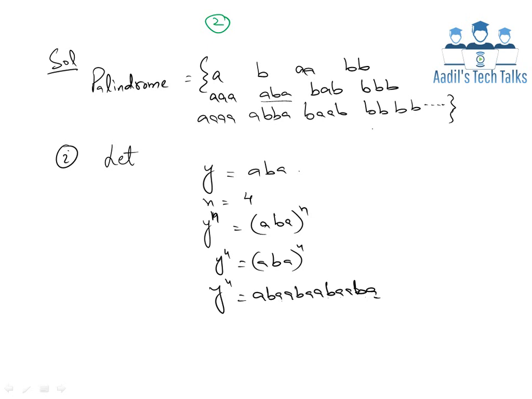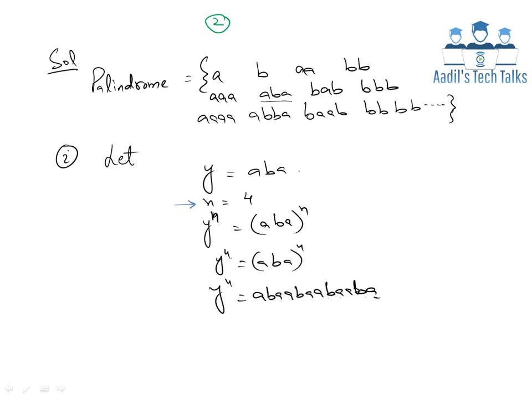Okay, so now we will start the first part of the example, which is to prove that if y is in palindrome, then so is y raised to power n. Let y be any palindromic instance. So I selected ABA. Y is equal to ABA. Now let n be equal to 4. Y raised to power n is ABA raised to power n.